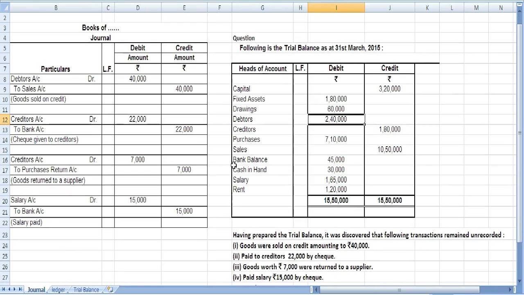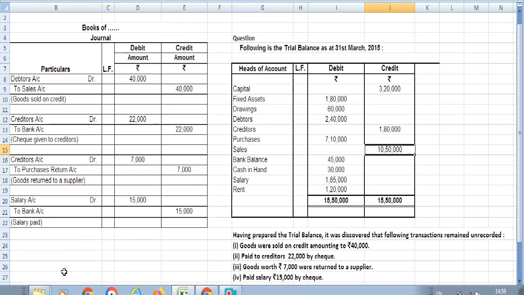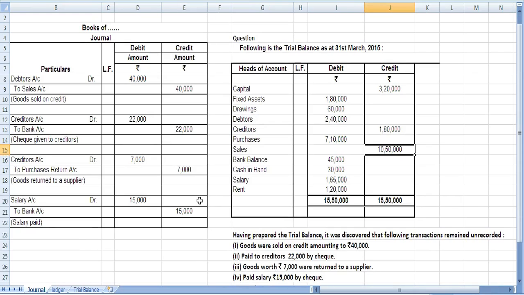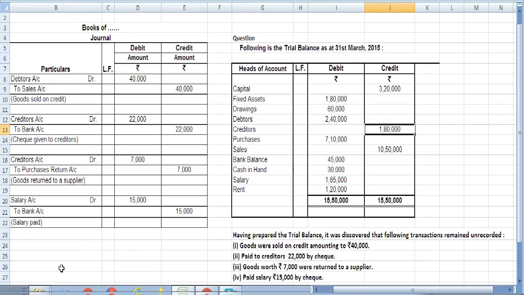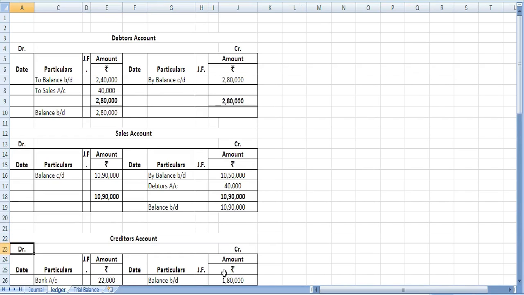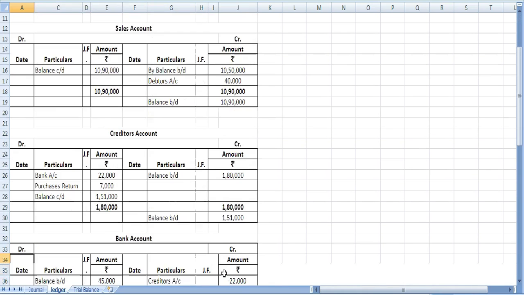Sales is on the credit side, so opening will be by balance BD, it is coming to 10,50,000. Then we'll go to the creditors. Creditors also is on the credit side, so by balance BD 1,80,000.